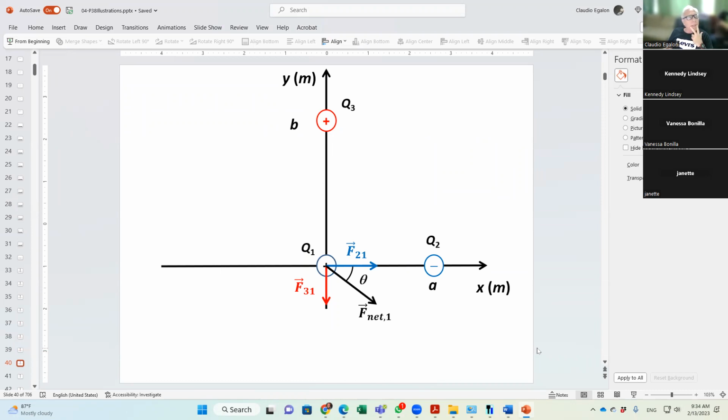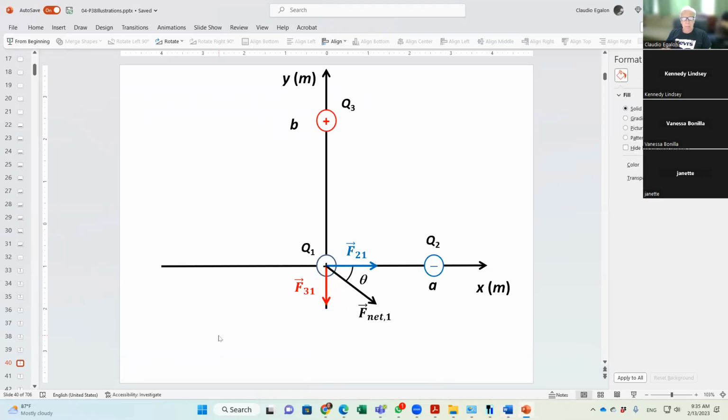Same thing as in mechanics, where we're doing drawings all the time to solve problems. Drawings are very important because they help you visualize the problem, and they also cut down the amount of work you have to do. Remember that old saying, a picture is worth 1,000 words. That's what we have here.